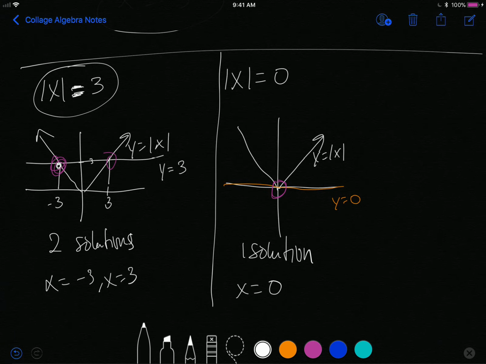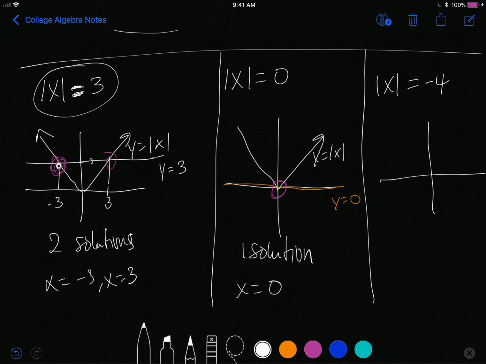X equals 0. Last but not least, if I have the absolute value of x equaling -4, again, my absolute value function, -4 is down here. The line y equals -4 goes across, like so. And if you look carefully, you'll see that these two graphs never meet, and so therefore we have no solutions.